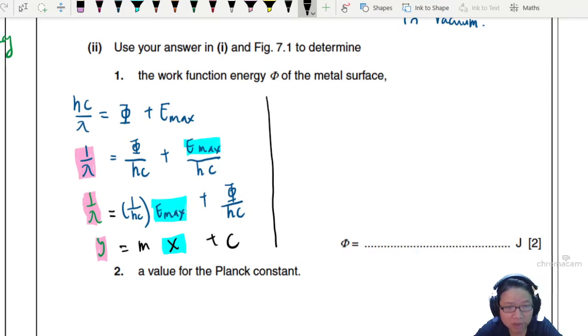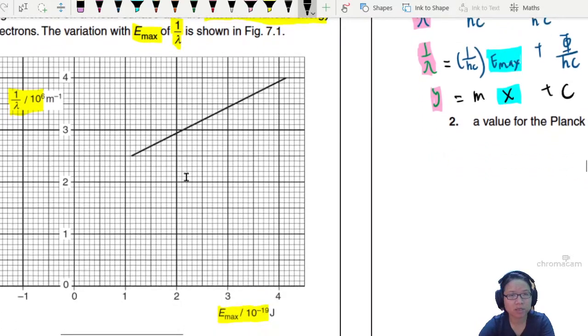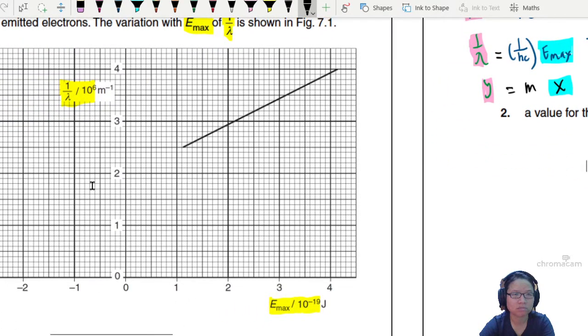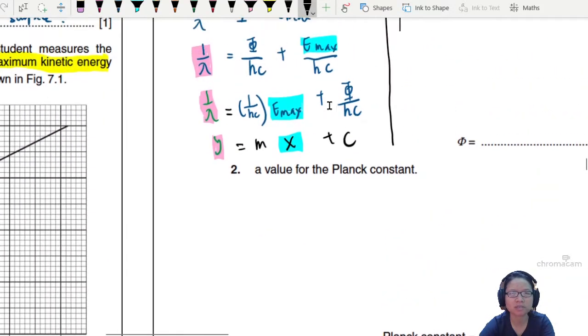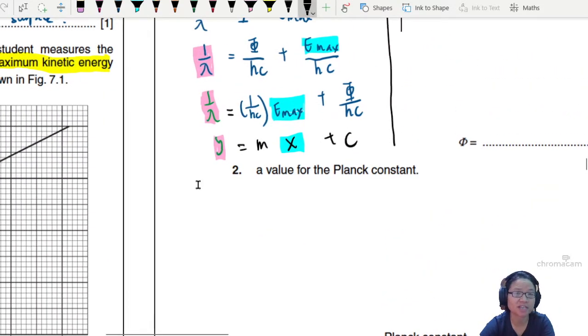Okay, so anyway, after that rambling, we cannot use the properties of the graph. So we need to try plan B. You want to find the x-intercept. The y-intercept does not work because in this y-intercept we have the Planck constant. So we're going to try to find the x-intercept.